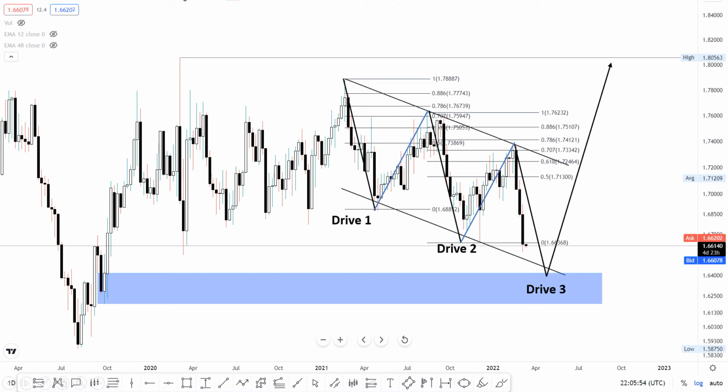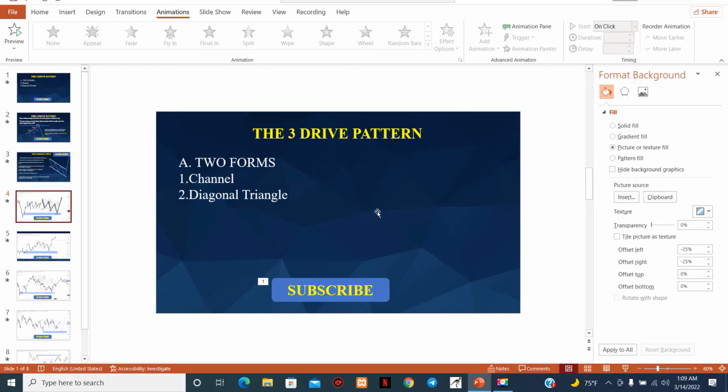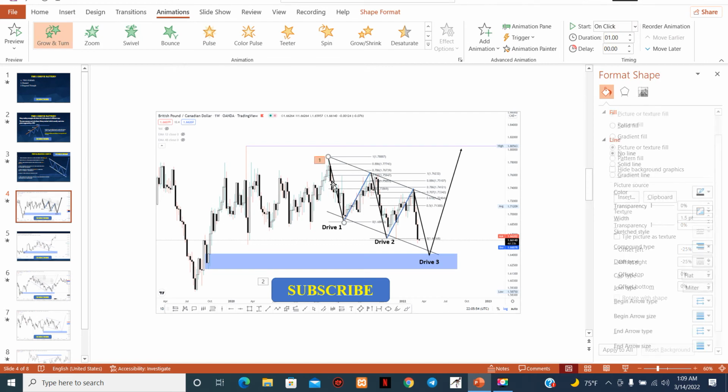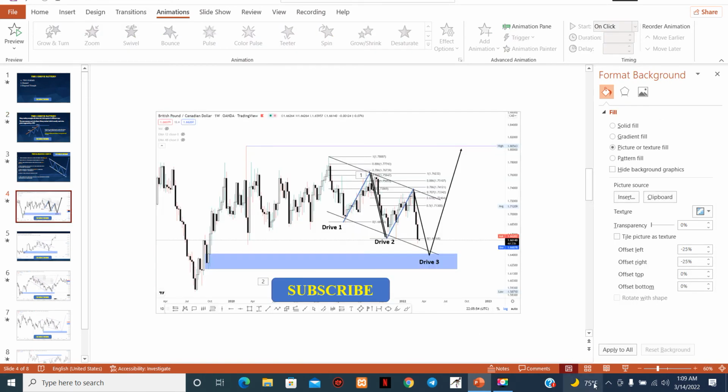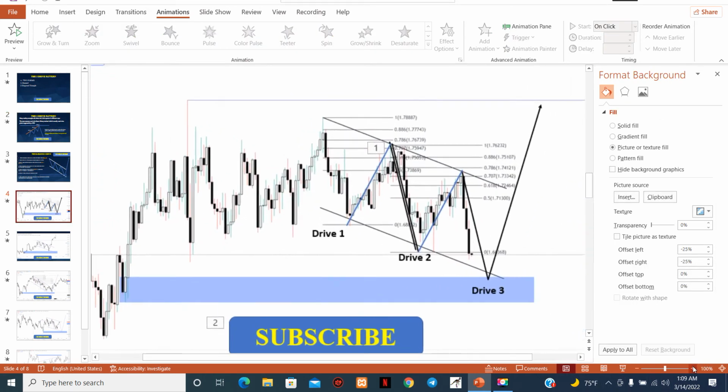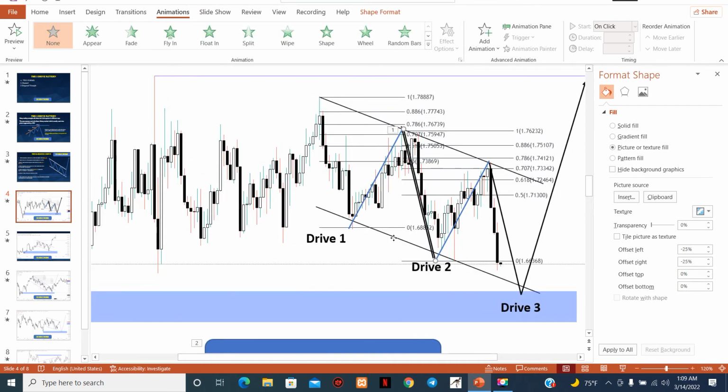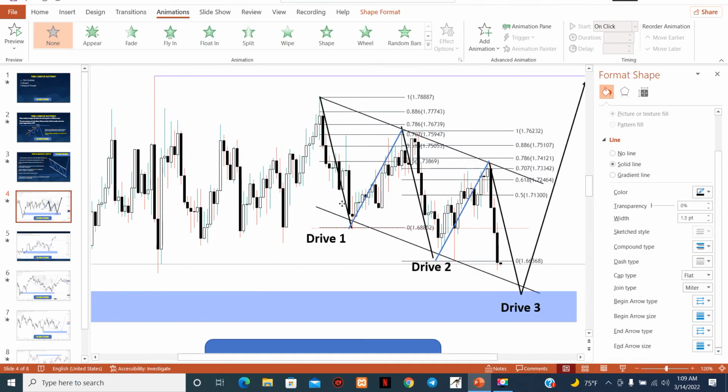So that you see what I'm talking about, if I take this line and move it here, you see that it's equal. I took this drive and put it here, and it's on the line.